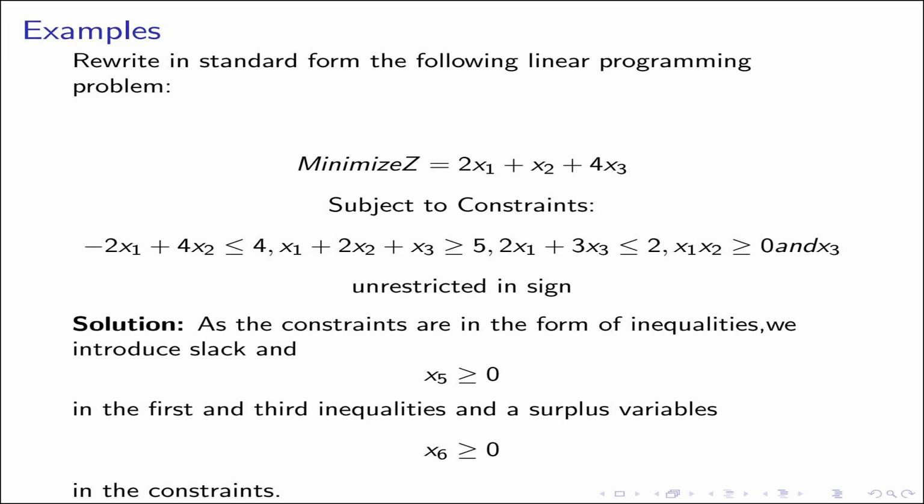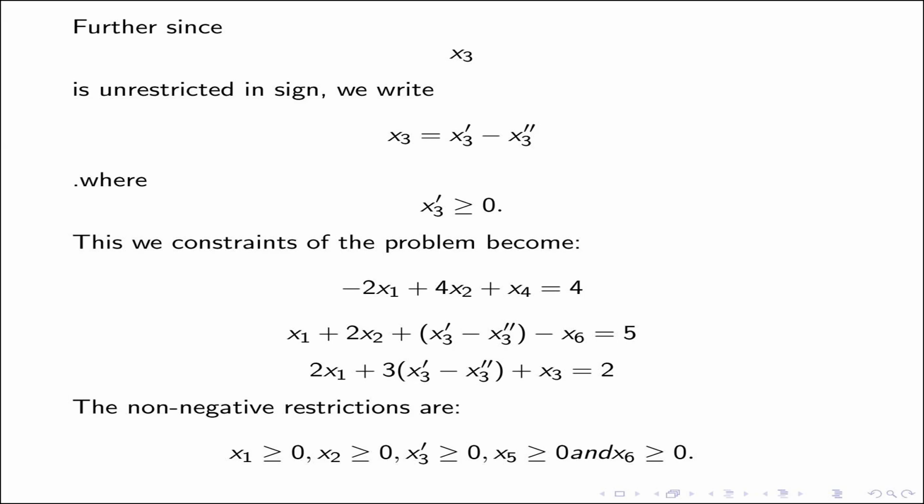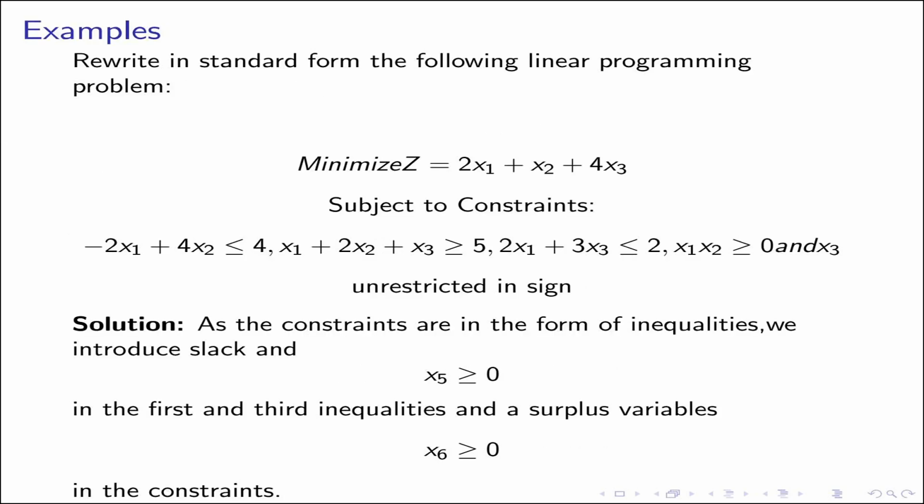So, as the constraints are in the form of inequalities, in the first and third equations we have to introduce slack variables, that is x5 ≥ 0 and x6 ≥ 0, and surplus variables x6 ≥ 0 in the constraints.